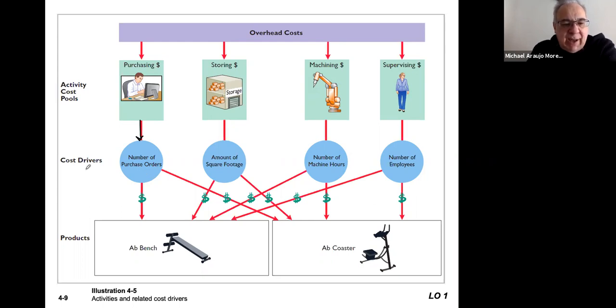And so that would be a cost driver for that particular activity pool. Okay. The main cost driver. Obviously, there's other costs involved. That's the main one. Okay.